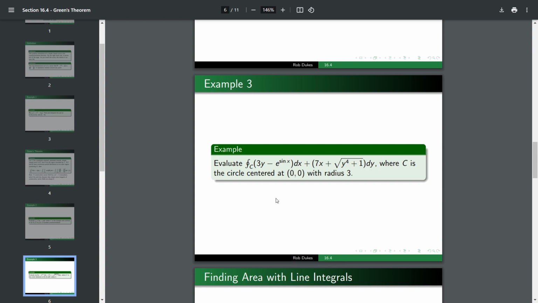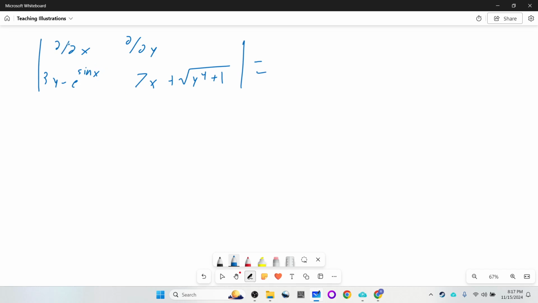So let's do that. So the curl here, del x, del y, and this is 3y minus e to the sine x, and this other part is 7x plus square root of y fourth plus 1. Let's go diagonally. 7 minus 3 is 4.